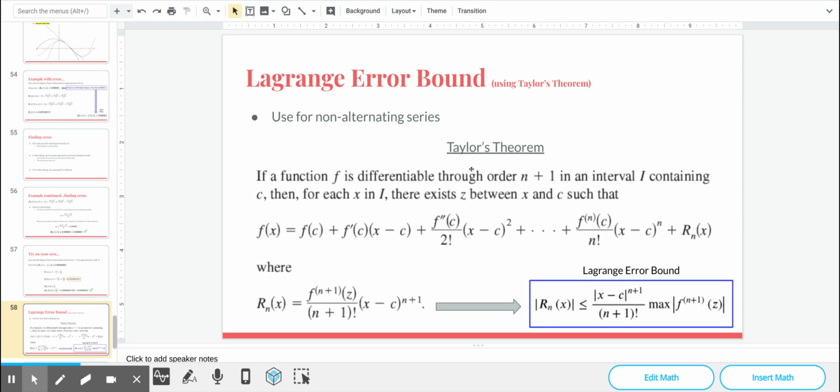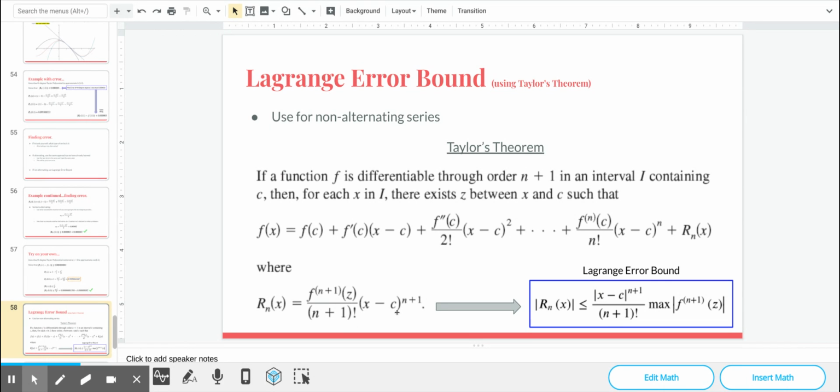Now, Taylor proved, and so this is where I want you to at least trust me, or trust Taylor if you want, and you can look this up online. Taylor actually proved that the remainder is equal to this strange term right here. And so, yes, it looks familiar based off of everything that you see up top here. What are the big differences? Well, I'm not going to the nth. I'm going to the n plus first derivative and the n plus first factorial, and then the n plus first degree.